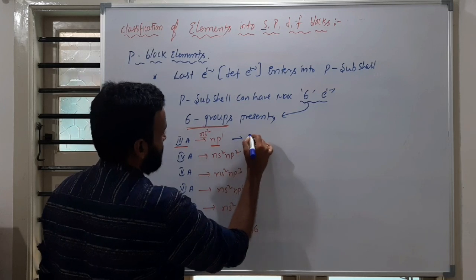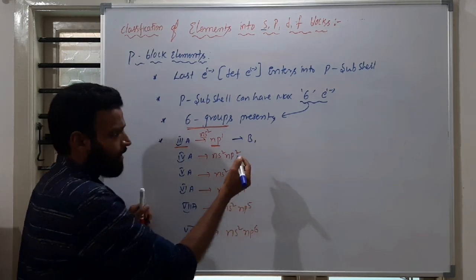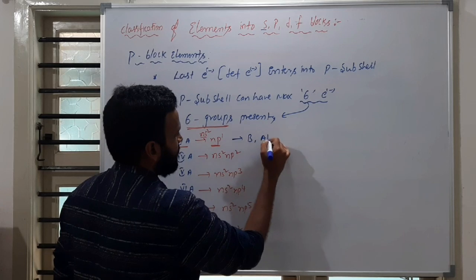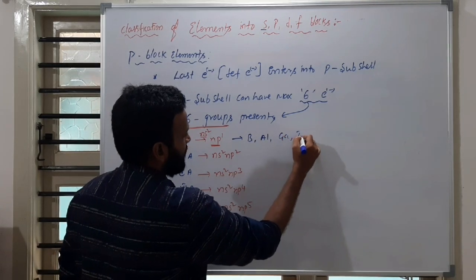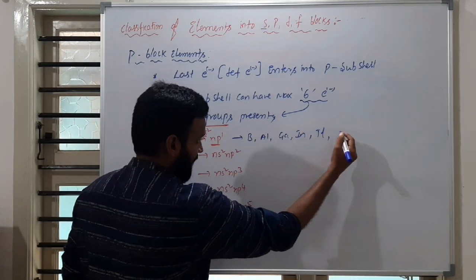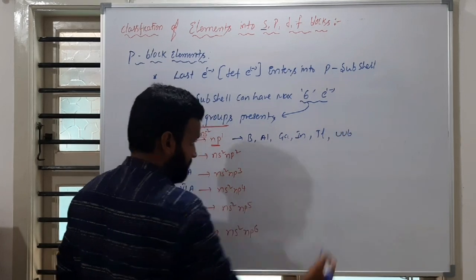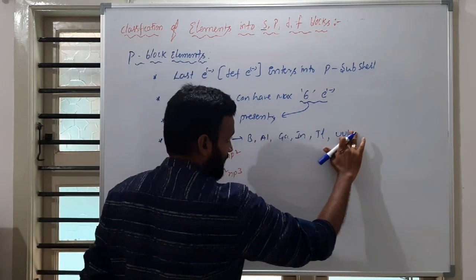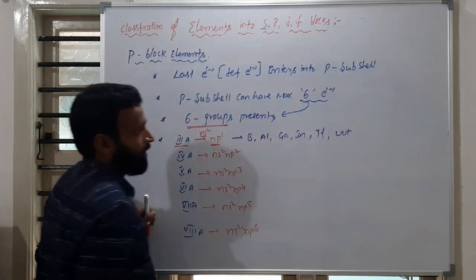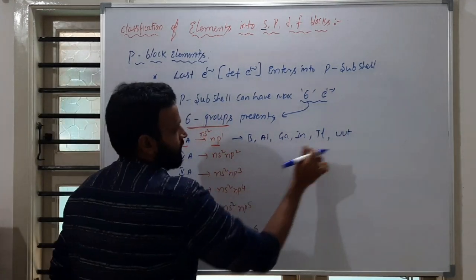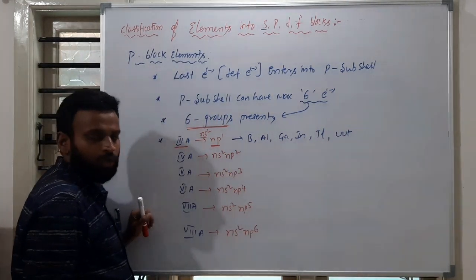Means here starts from boron, told you already, boron, aluminium, gallium, indium, thallium and ununtrium. Okay, so atomic numbers also I was given already, just go through those.